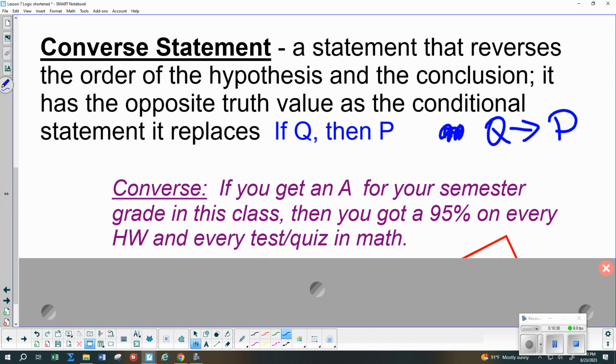If you get an A at the end of the semester, then that means you had a 95 on absolutely everything. Has anybody ever gotten an A and everything in Infinite Campus has been a 95%?